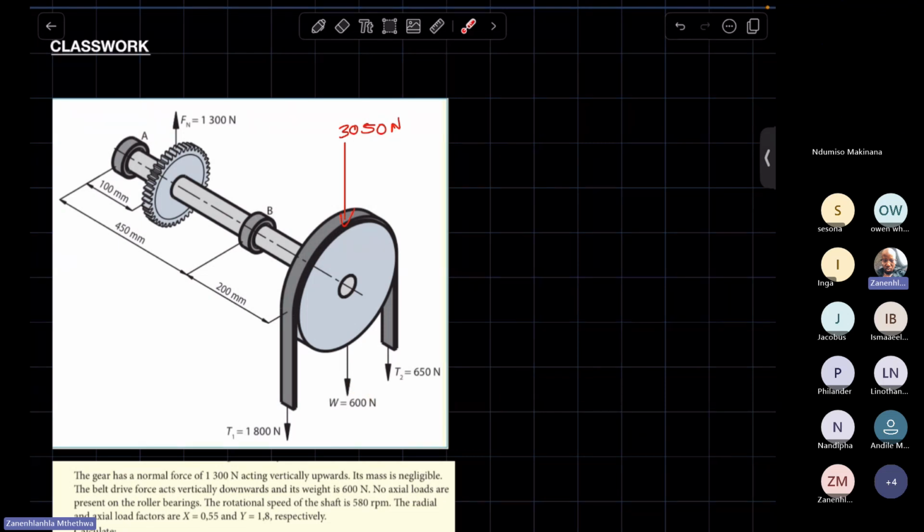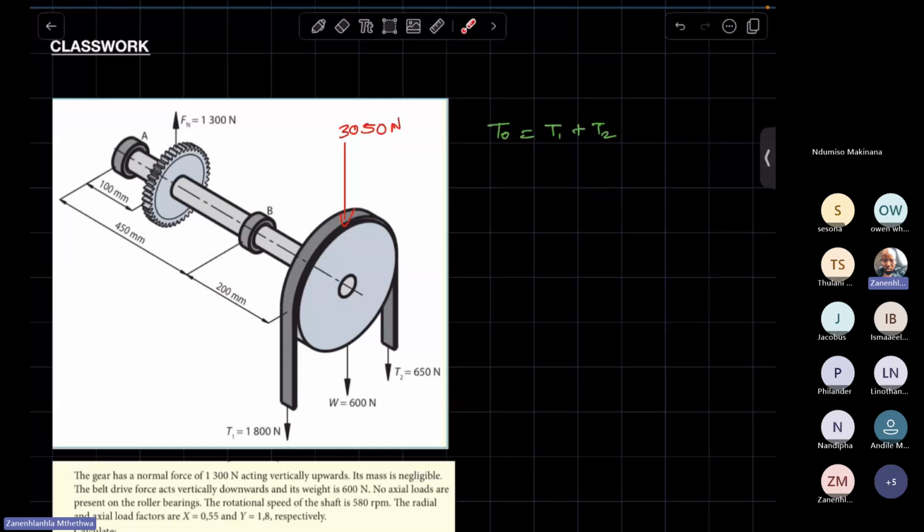So remember installation tension, T0 is equal to T1 plus T2, right? So adding T1 plus T2 and then adding the weight of the pulley will give us the 3050 newtons. So essentially, the load that the belt drive system is subjecting to the shaft is 3050 newtons, right?